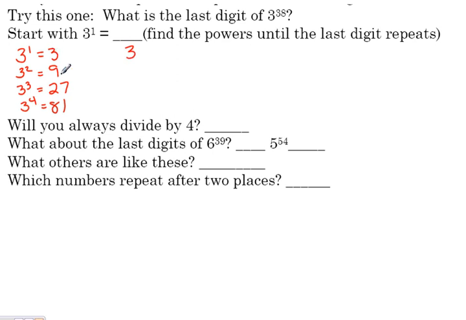So this starts to repeat again after 4. And that means my repeat for this is also 4. So I take 38 and I divide it by 4. And let me see, 4 goes into 38 9 times, and then it has a remainder of 2. So I'm talking about the second iteration, which means that 3 to the 38th power must have a final digit of 9. Not so bad.